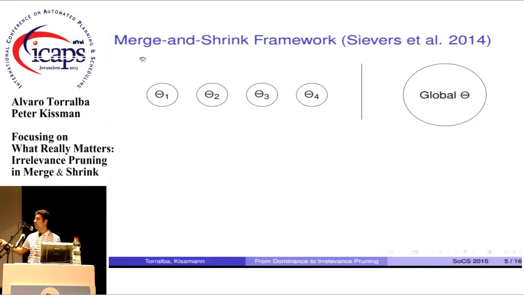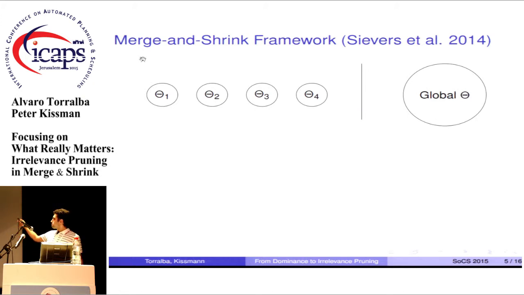Actually, for this dominance pruning, we have used merge-and-shrink and we are not generating any heuristic. The point is that Silvan, Martin and Malte, in their 2014 paper, re-explained the way in which we understand merge-and-shrink, and it becomes clear that it can do much more than generate heuristics.